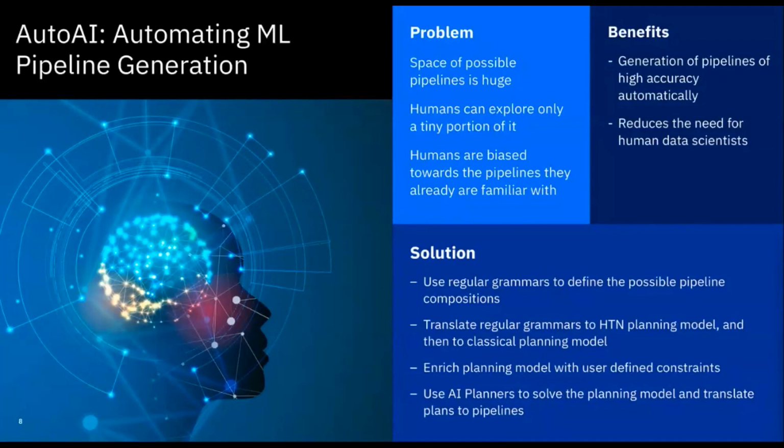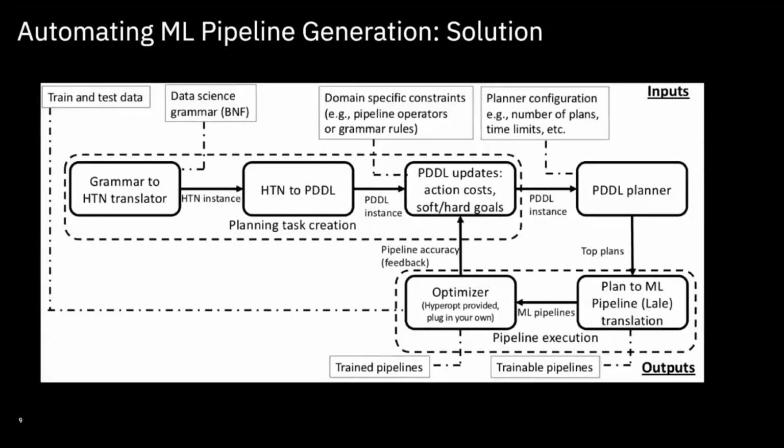In terms of solutions, our solution uses planning tools for exploring the space of possible pipelines defined with the use of regular grammars. Now let me tell you a little bit more about that. Given a data science grammar, we transform it to an HTN planning problem, then to a classical planning problem. We integrate user-defined constraints, turning the classical planning model into a classical problem with soft goals.